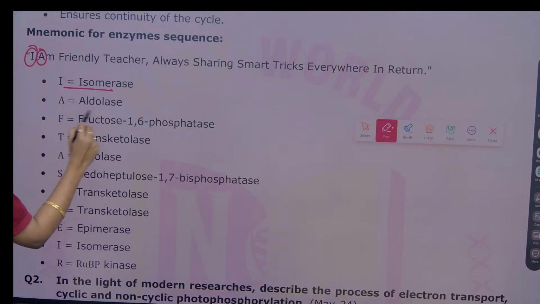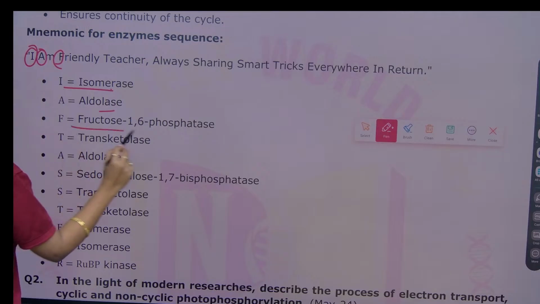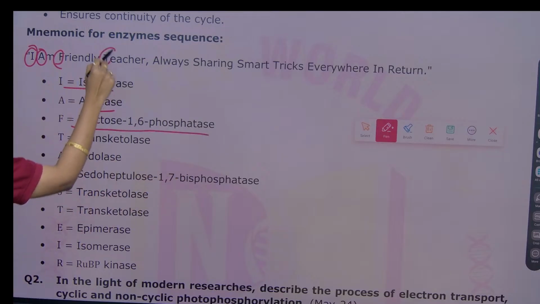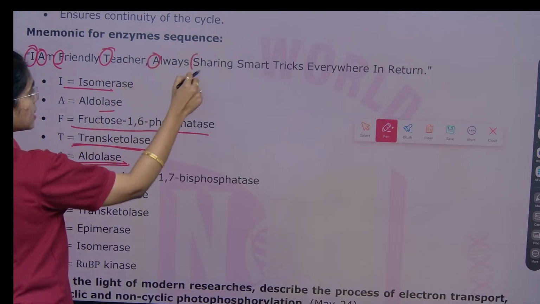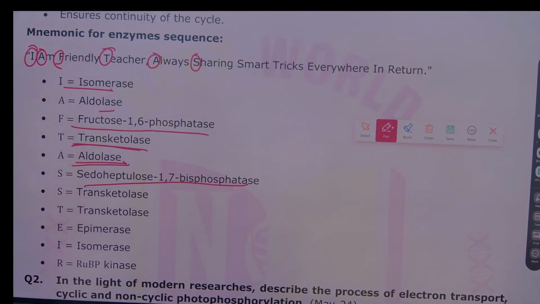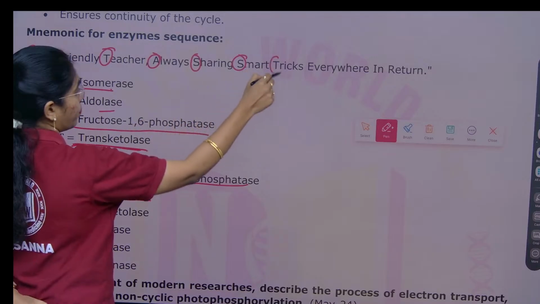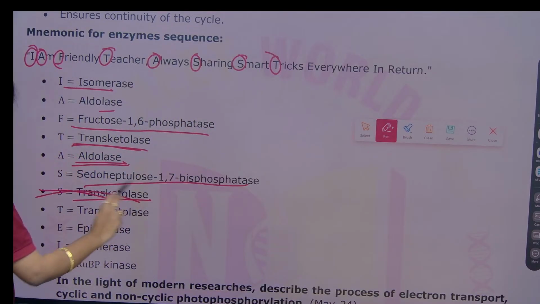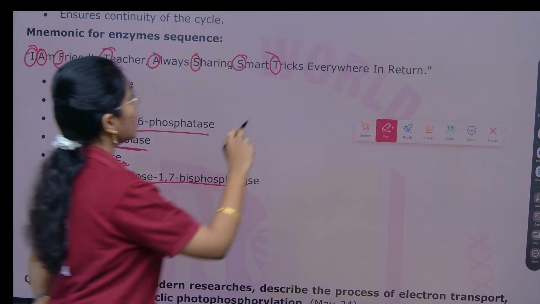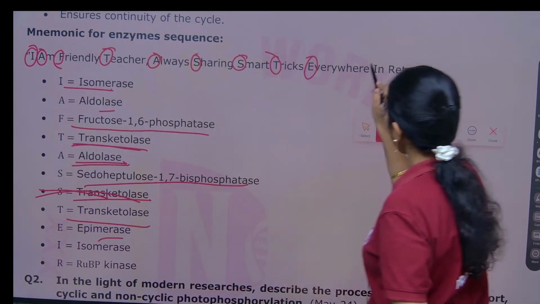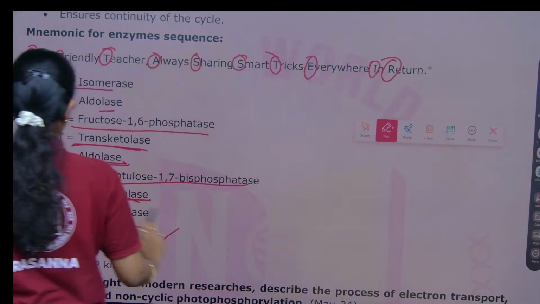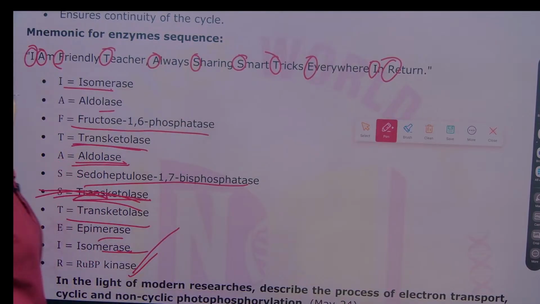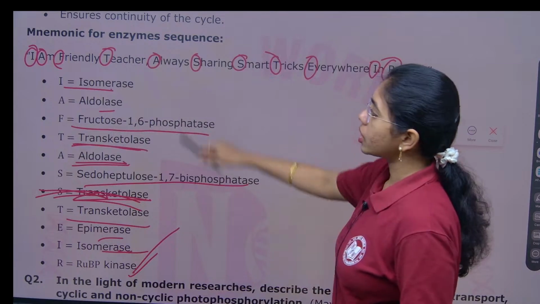A is aldolase, F friendly, fructose 1,6-bisphosphatase, T is transketolase, A is aldolase, S sedoheptulose 1,7-bisphosphatase, next T, transketolase, E epimerase, and I isomerase, lastly R RuBP kinase. Okay. These are the steps that you can remember just with one mnemonic.